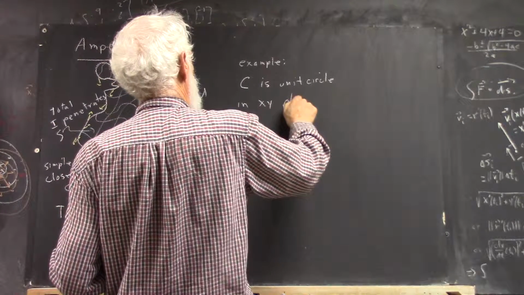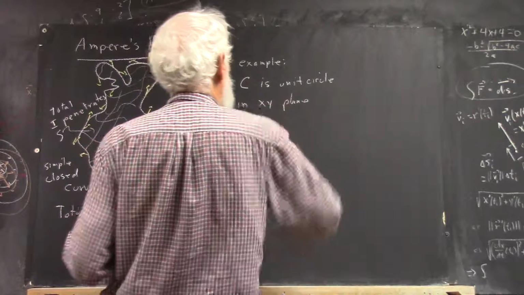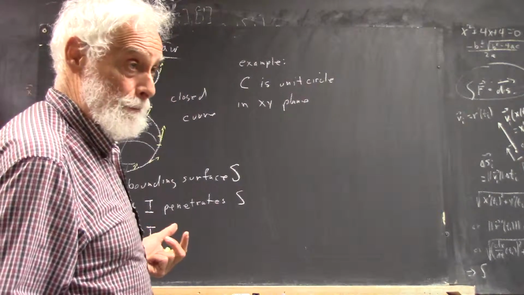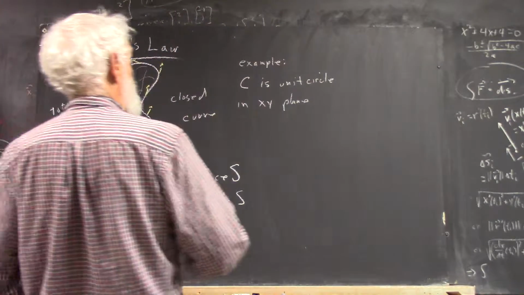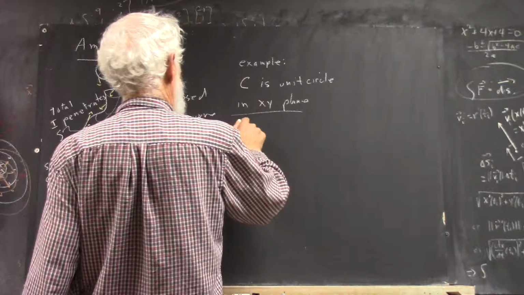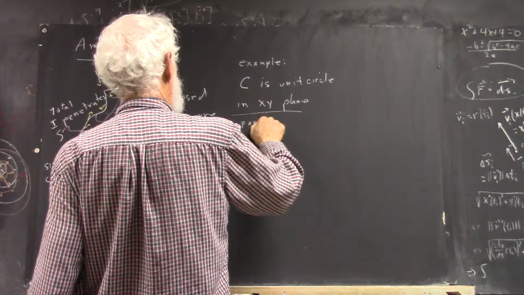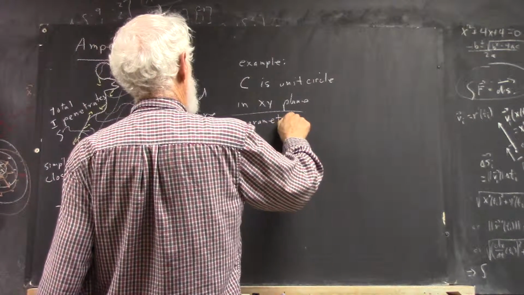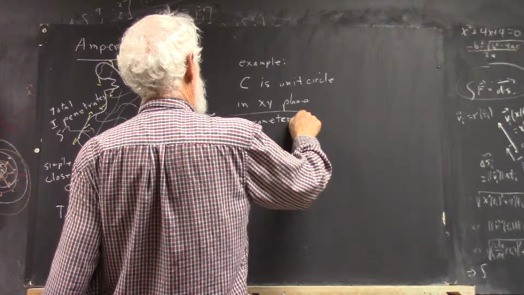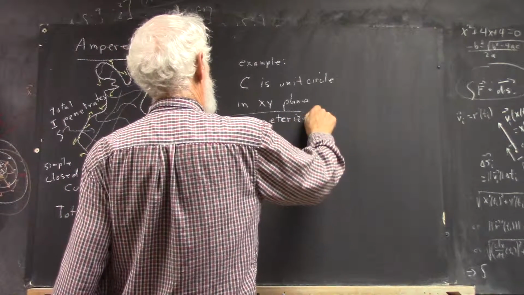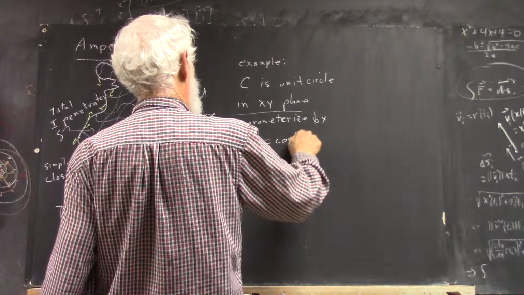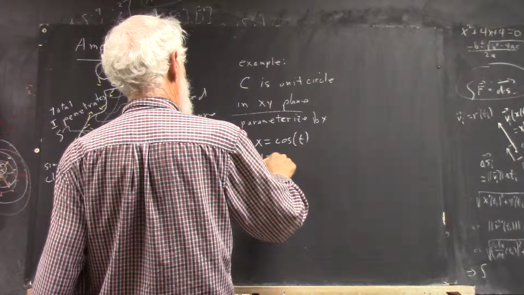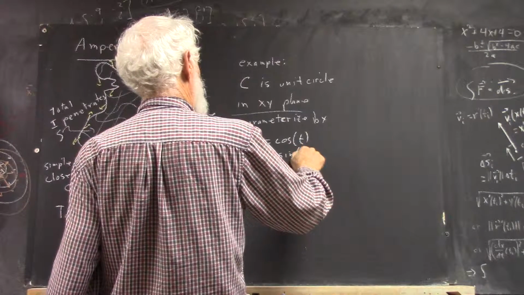Very simple. C is a unit circle in the XY plane. Then you can parameterize that in many ways. It's just parametrics.